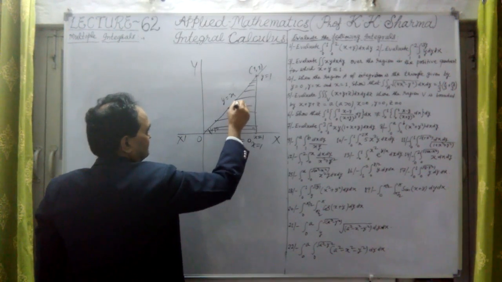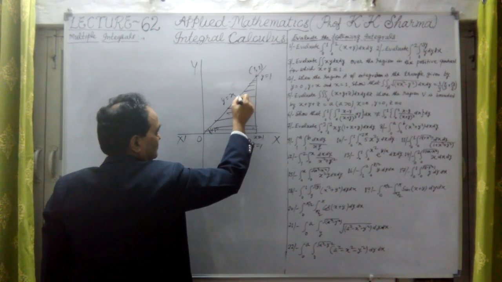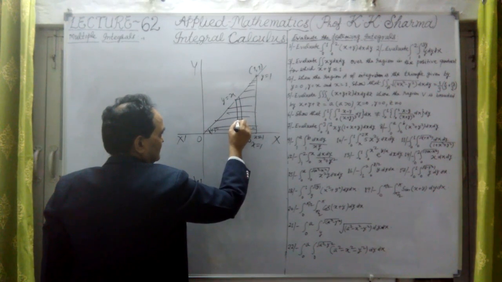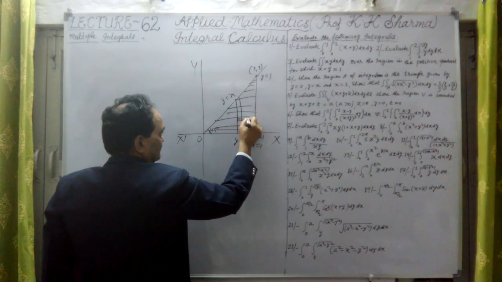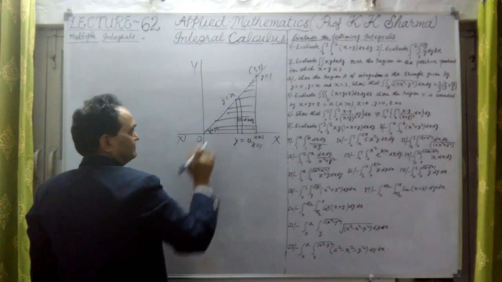If I take a vertical strip like this, the small area is dx dy.